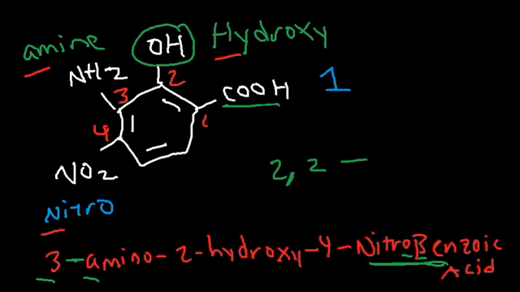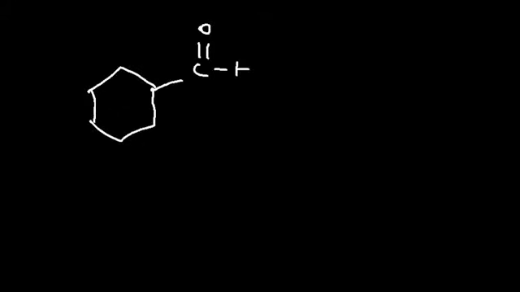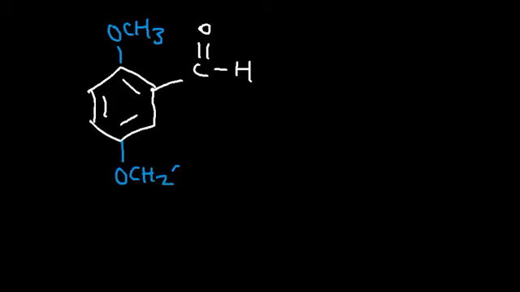Let's go over another complicated example. This time we're going to use benzaldehyde. You'll see it as CHO, or sometimes you'll see it written this way. So let's use some different groups. Let's use this one. Let's use that.